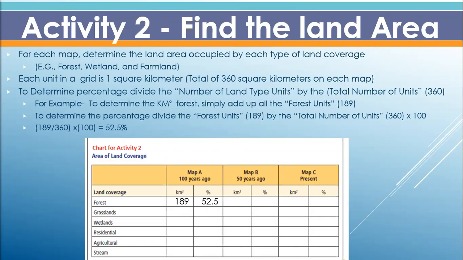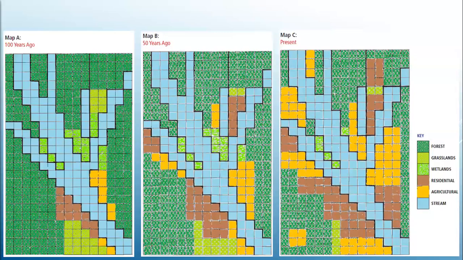To determine the percentage, we divide the number of land type units by the total number of units, 360. So for example, to determine the square kilometers of forest, we simply add up all the forest units. So in map A, if we counted all of the forest green areas, it will add up to 189.